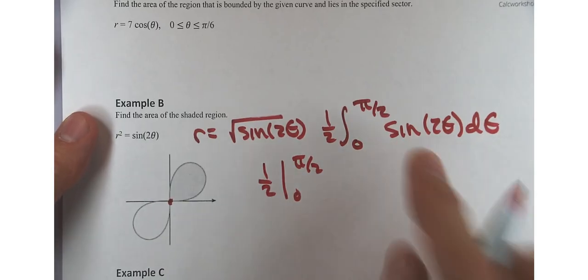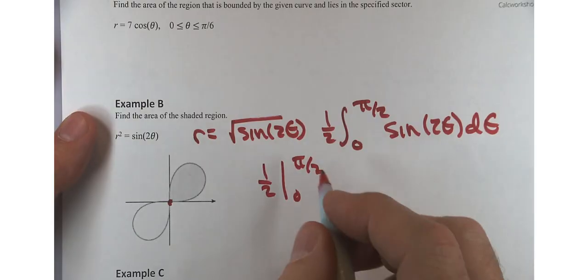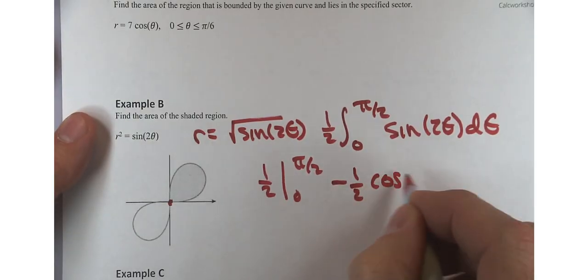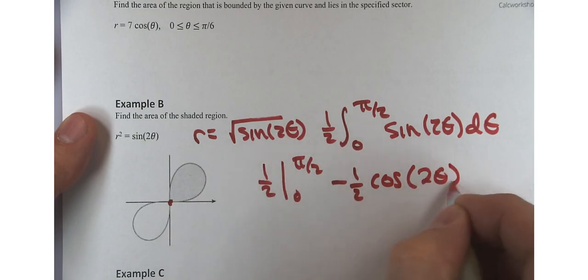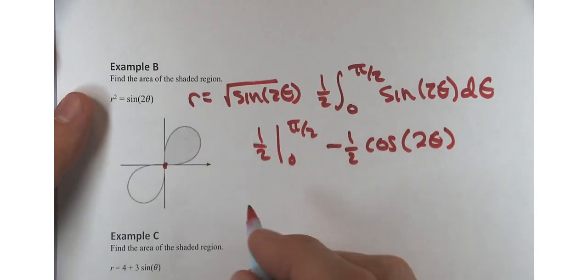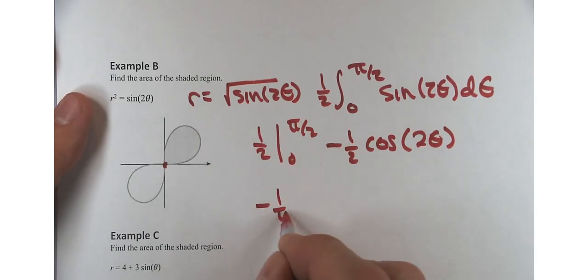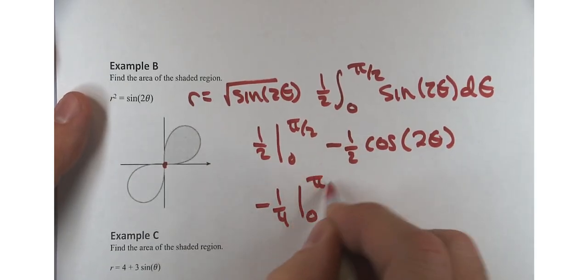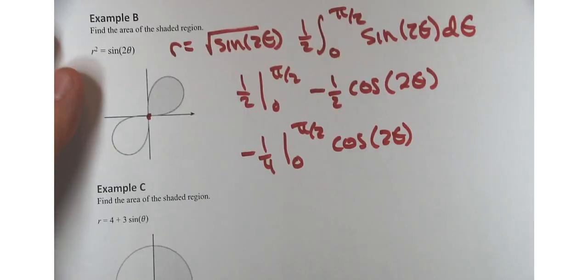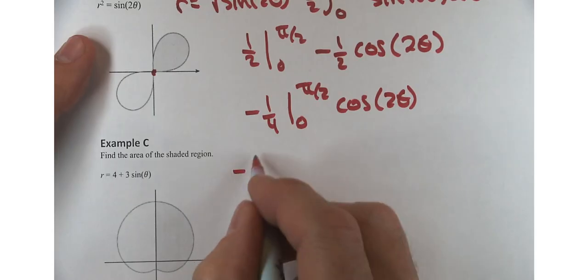And when we run this backwards, we're going to have to take care of that. So it's going to be negative 1/2 cosine of 2 theta, like that. I can bring that negative 1/2 out in front. That's going to be negative 1/4, 0 to pi over 2, cosine of 2 theta. So negative 1/4.